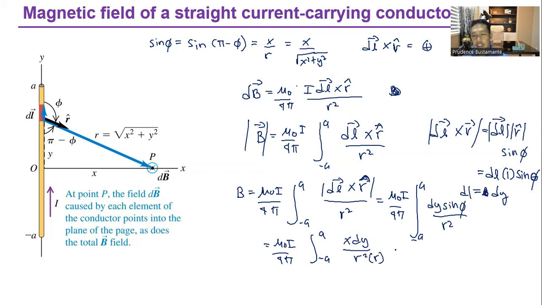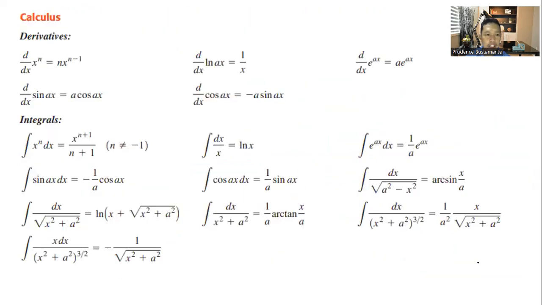So this becomes mu naught I over 4 pi, integral from negative a to a of x dy over x squared plus y squared to the 3 halves, since r cubed is x squared plus y squared to the 3 halves.